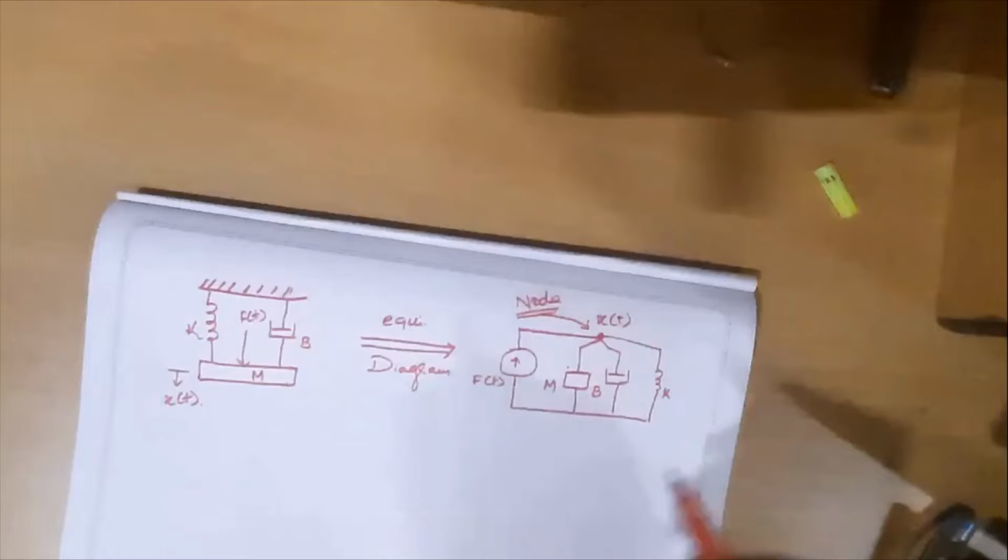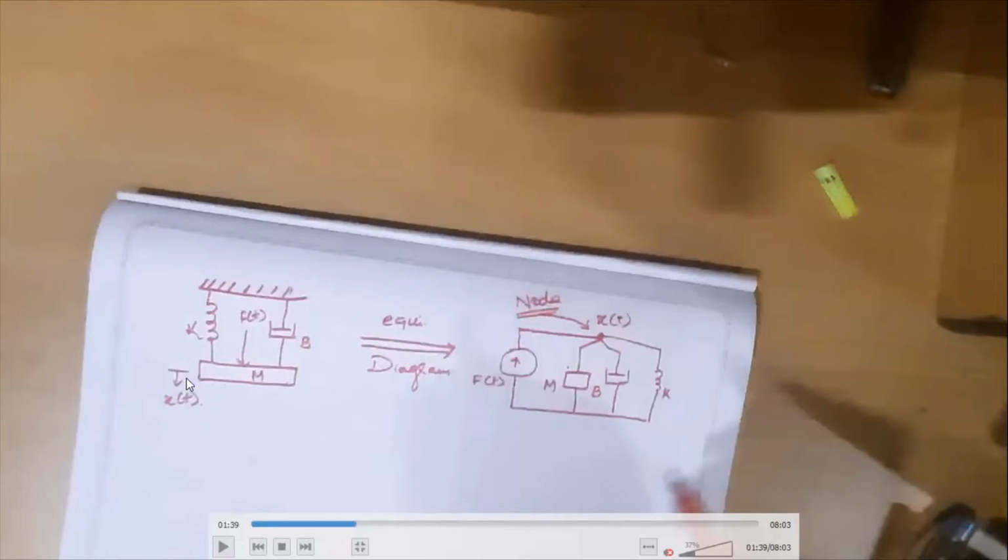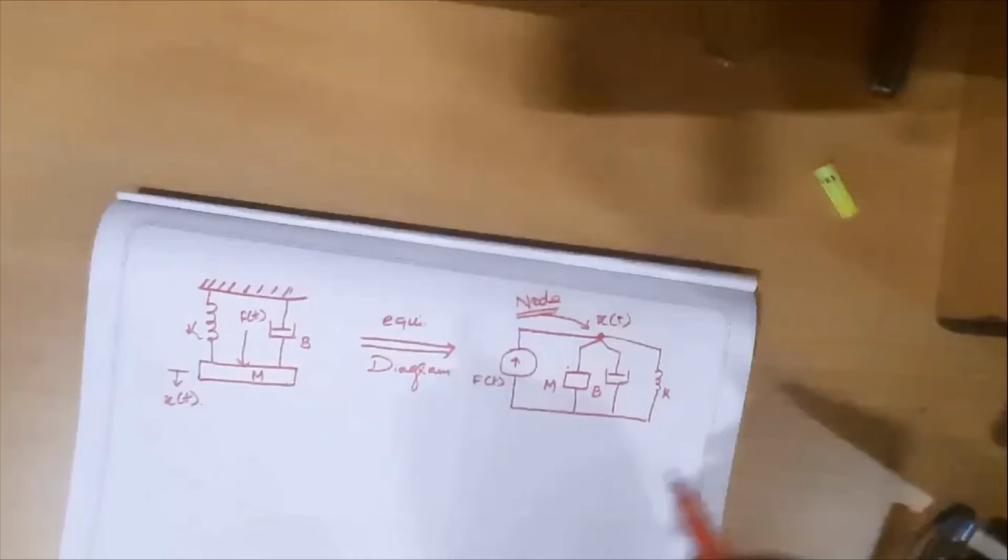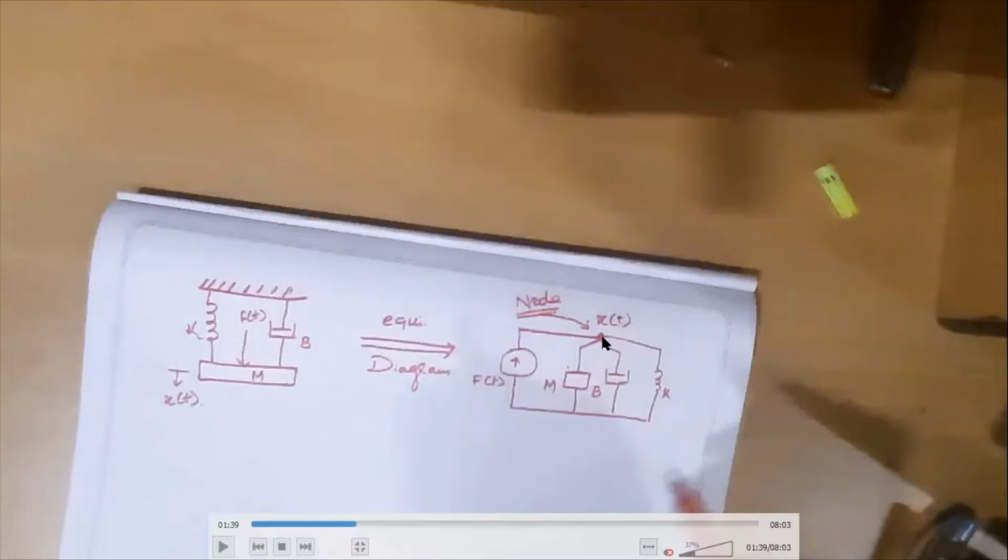And this node is x of t because it represents the output. Wherever we have an output like displacement, without any doubt we can denote it at a node.